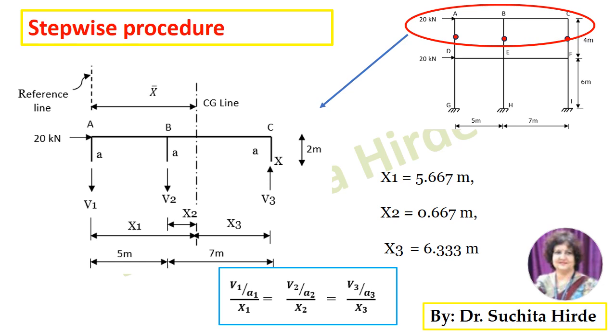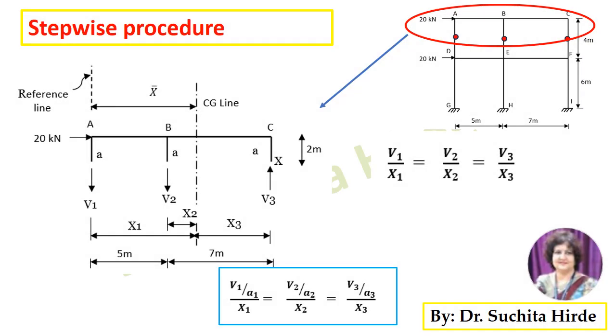We know the values of x1, x2 and x3. The area of each column is A, so we can cancel out A from all the sides and finally the equation will be V1 upon x1 is equal to V2 upon x2 is equal to V3 upon x3.